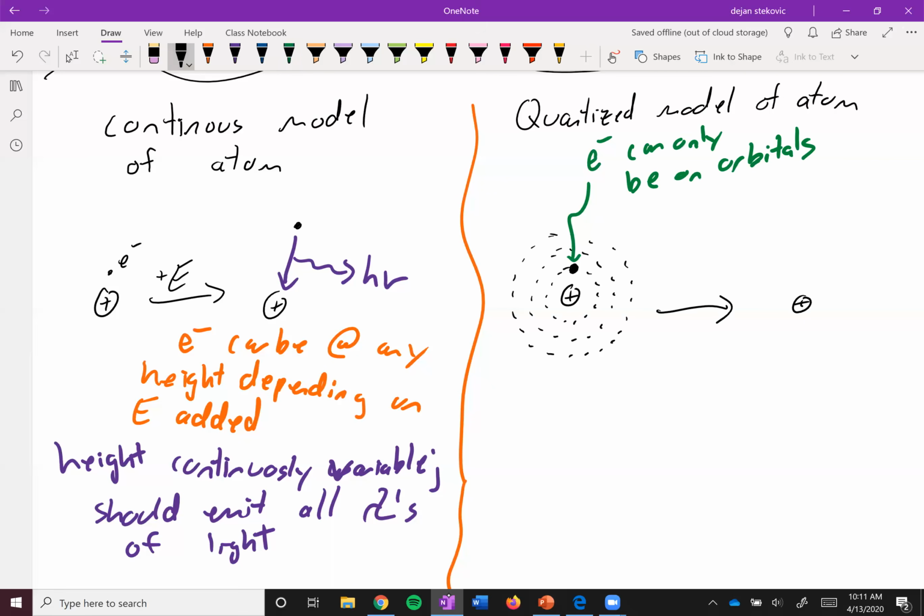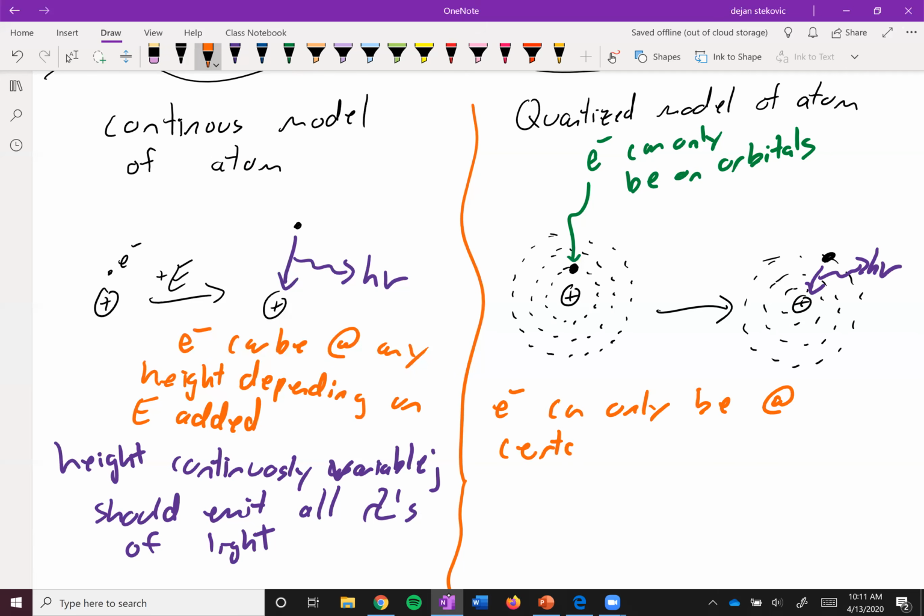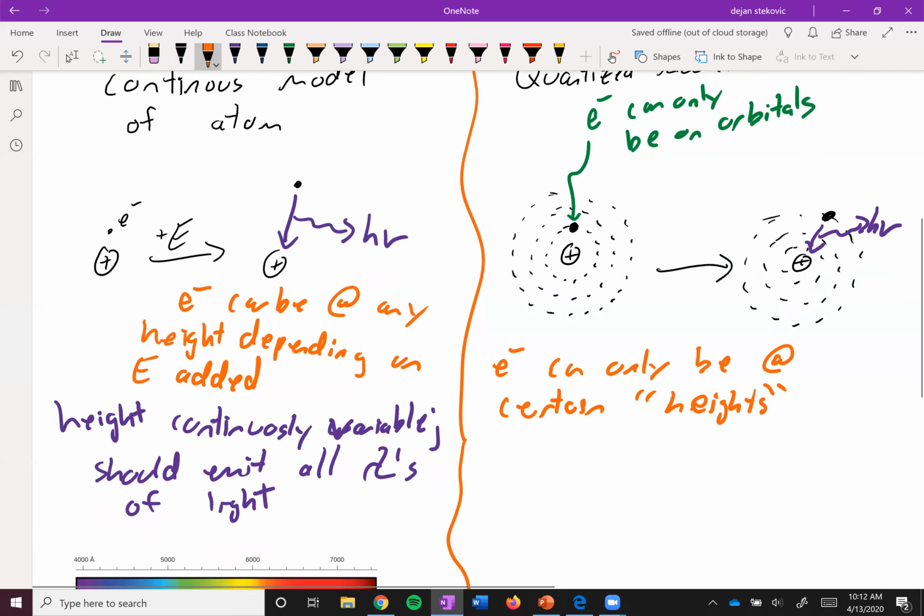And so if we think about when we excite it and then allow it to relax back down, so we excite our electron, and then it comes back down and then releases light. Well, the electron can only be at certain heights. Remember, what we mean by heights here is the distance from the nucleus. And so if it can only be at certain heights, only certain energy changes are allowed, right?